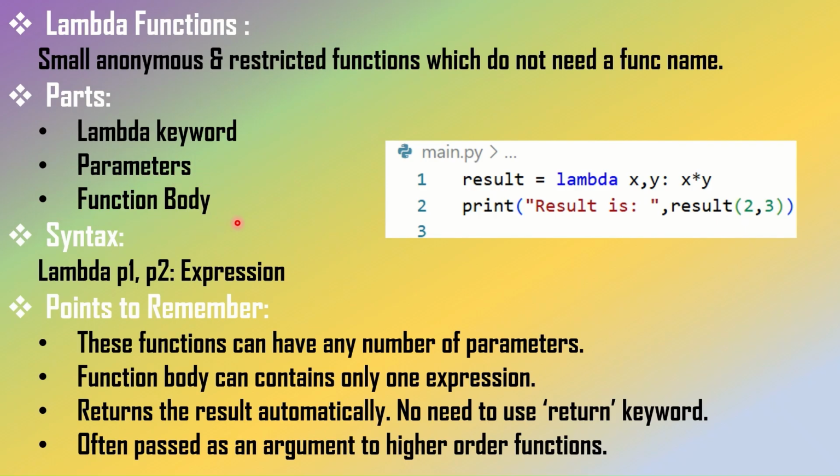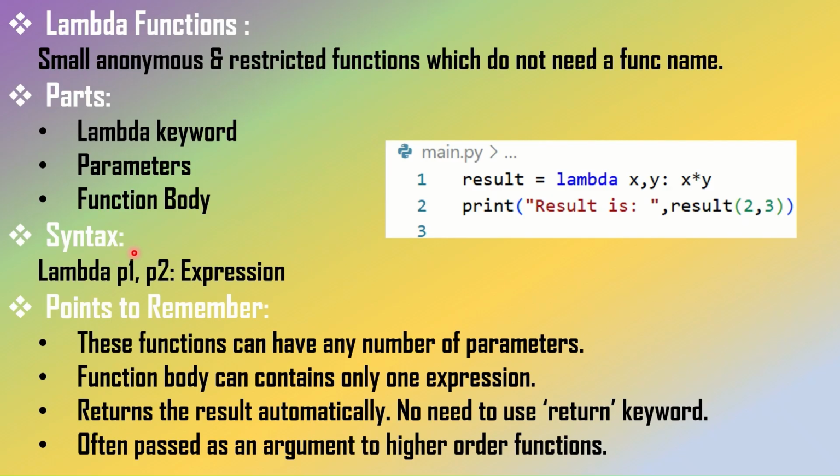We usually declare normal functions with the def keyword, right? But these Lambda functions are usually defined with the Lambda keyword. Just like we have parameters and a function body in our normal functions, these Lambda functions also have parameters and a function body.